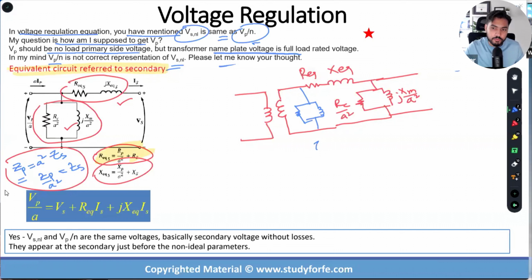Should I bring it before the series parameters or after the series parameters? And actually, the reference handbook answers this question. If I move it before, which is number 1, what is the equivalent circuit called? It is called the approximate equivalent circuit, right?